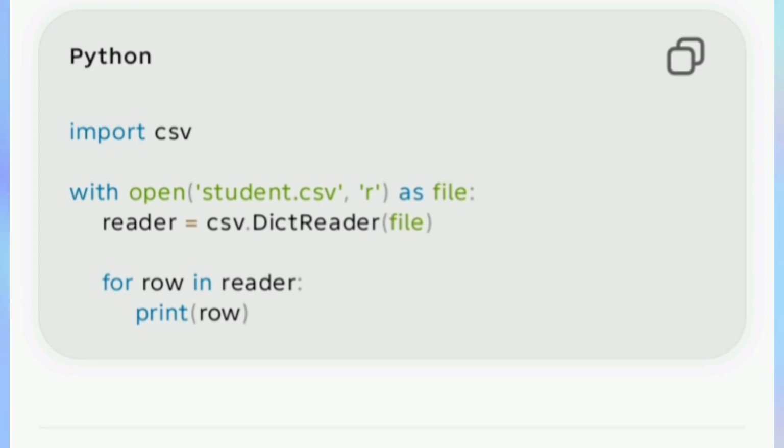For row in reader: print(row). The row object contains all the data, that's why we print row.